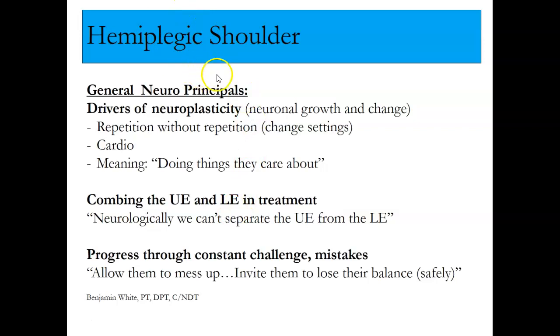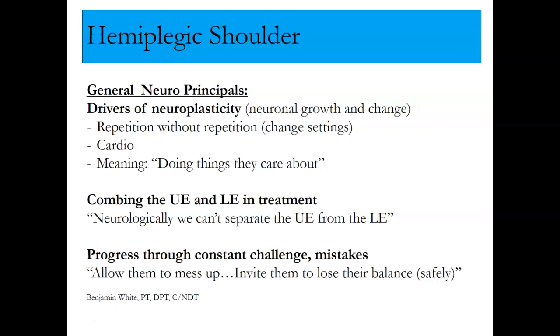When you're working with somebody with a hemiplegic shoulder, think of those general neuro principles. You want to drive that neuroplasticity, which is the neural growth and change of those brain cells, which facilitates recovery. Repetition without repetition. What does this mean? Definitely repetition is a great thing to drive neuroplasticity and neural cell growth.